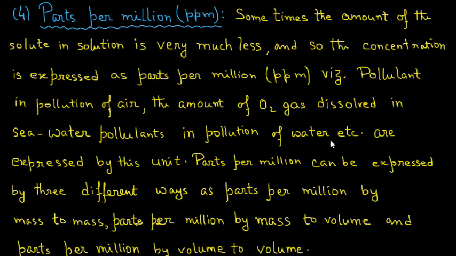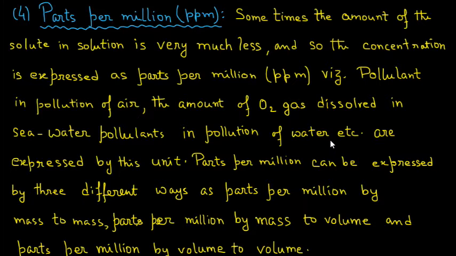So now we'll discuss the fourth type of concentration, that is parts per million, ppm. Sometimes the amount of solute in solution is very less, and so the concentration is expressed as parts per million, ppm. For example, pollutant in polluted air.